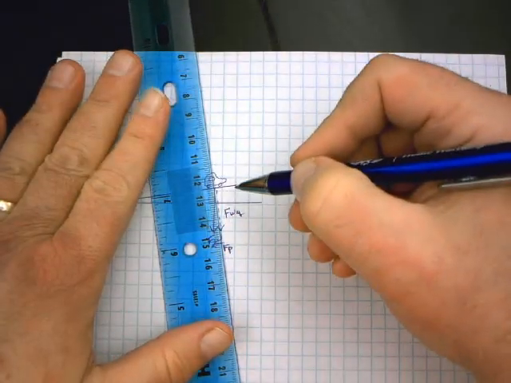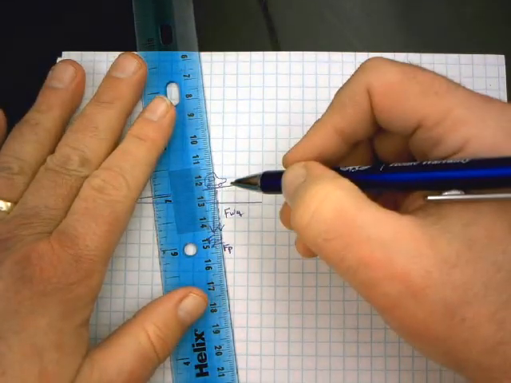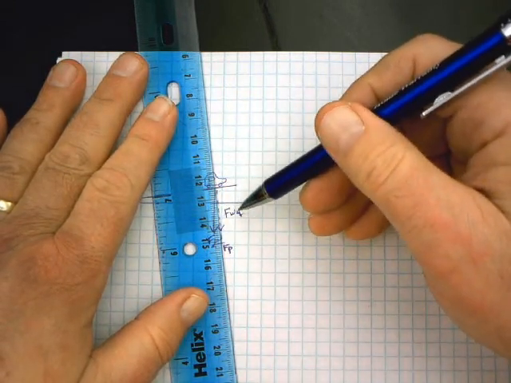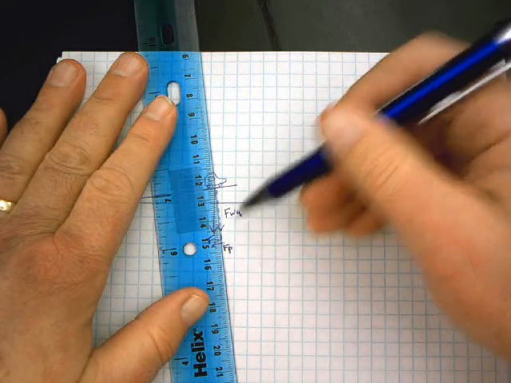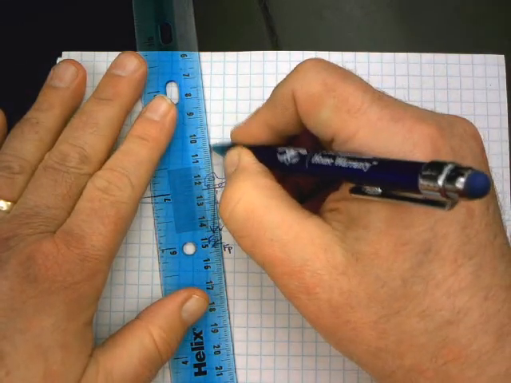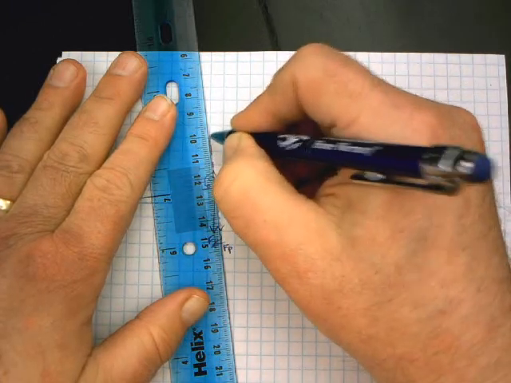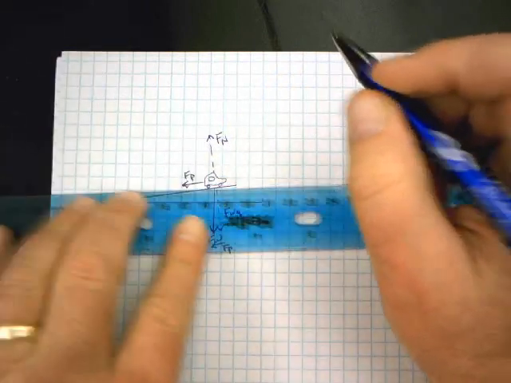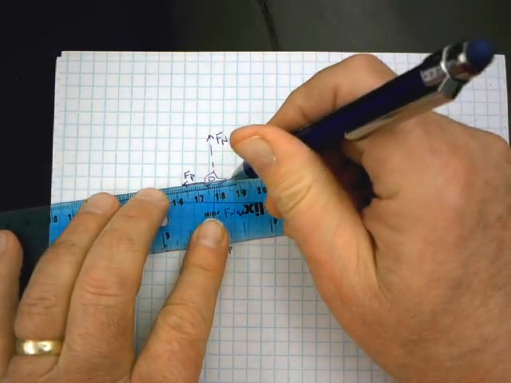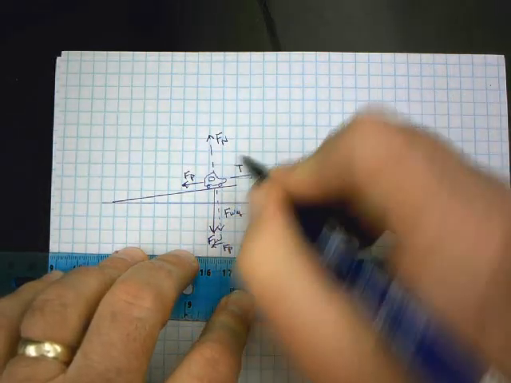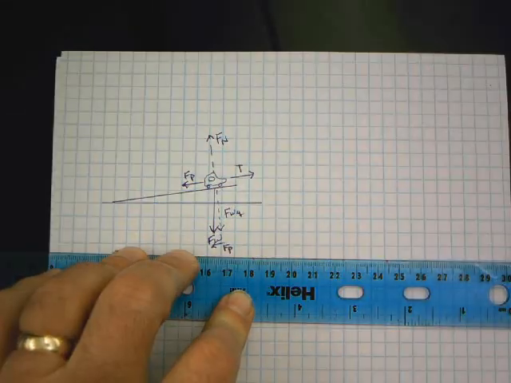Opposite the FWY, the component of the weight perpendicular to the hill, and that's why I don't use P here, because I've got P for parallel, so I can't have P for perpendicular, this will be our normal force. And then we have the rope with the tension in it.